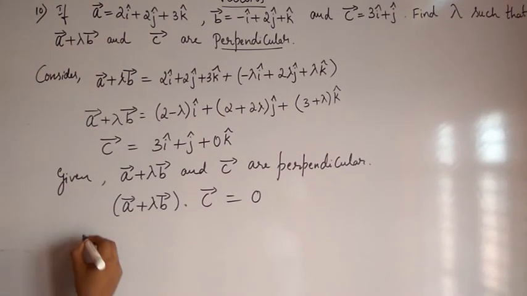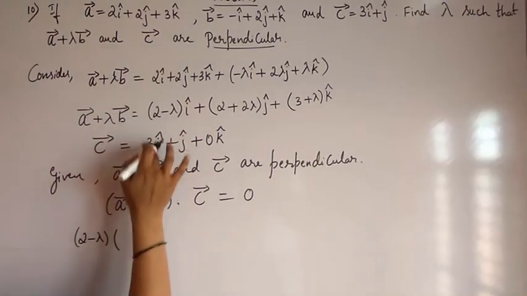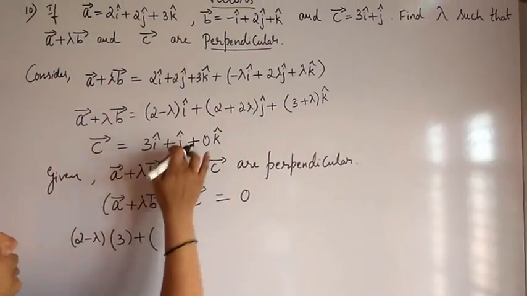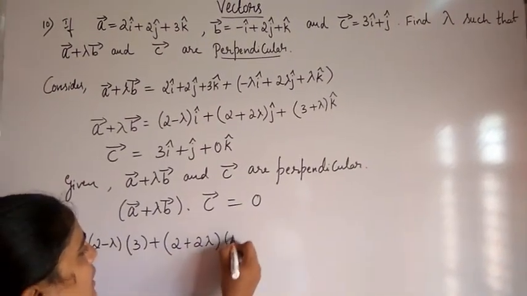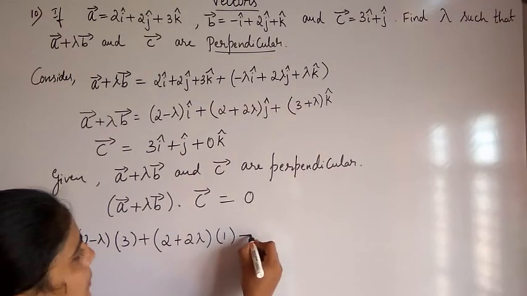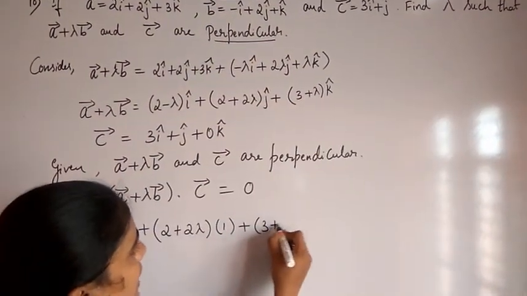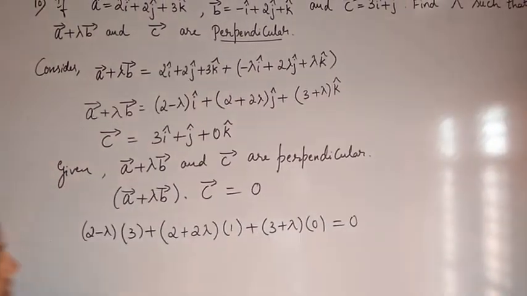Okay. So let us apply now. A1 2 minus lambda into B1 is 3, plus A2 into B2, 2 plus 2 lambda into 1, plus A3 into B3, 3 plus lambda into 0 equals 0.